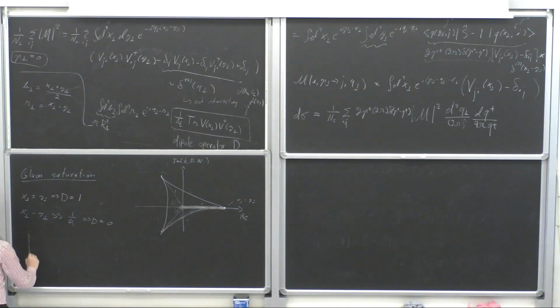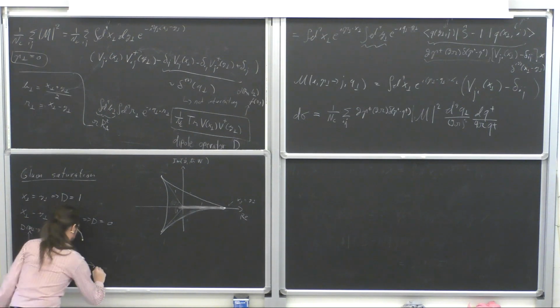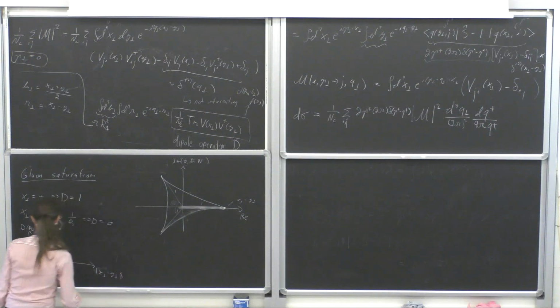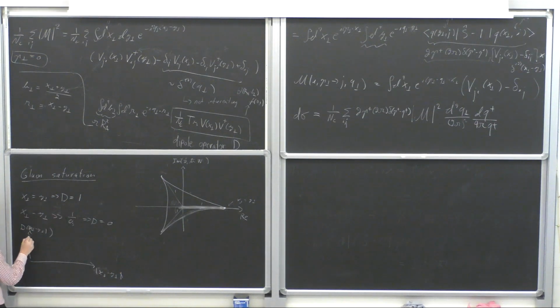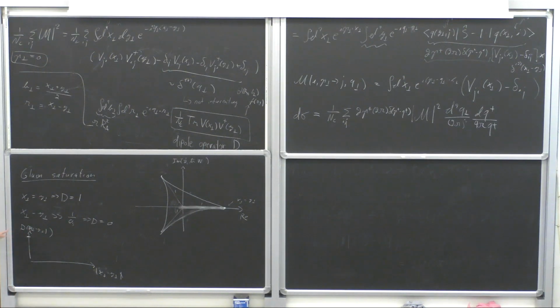Which means that if I plot this dipole as a function of the absolute value of x perp minus y perp, it starts at 1. When you take these 2 points further and further away, somehow the color fields at some point should stop talking to each other.